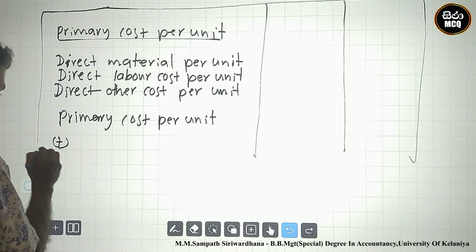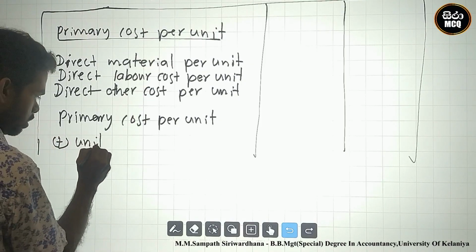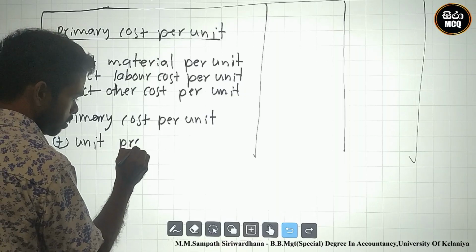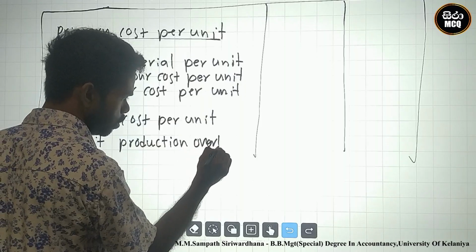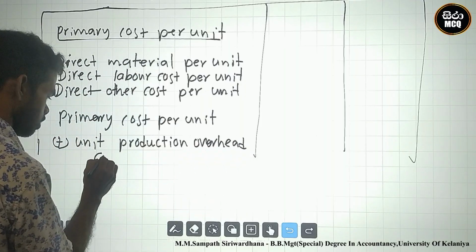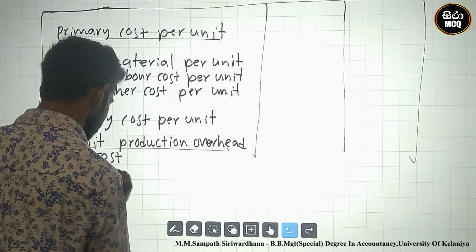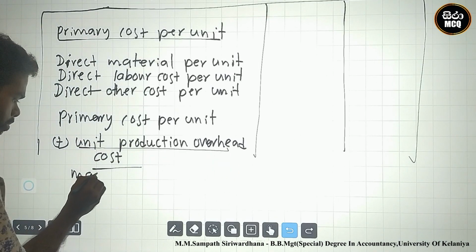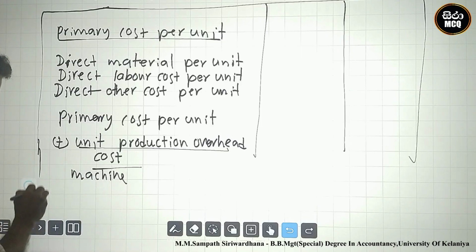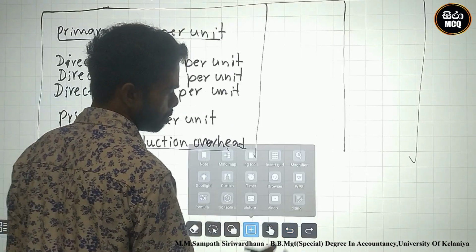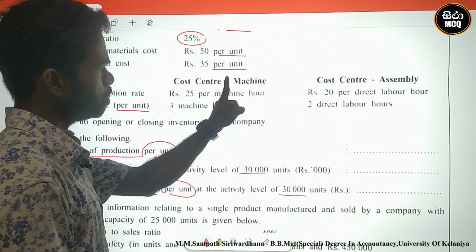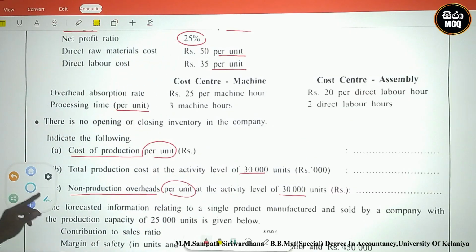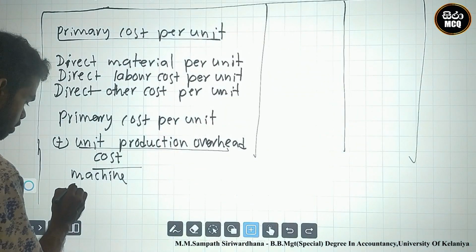Next, we add the unit production overhead cost. There are two cost centers, machine and assembly.